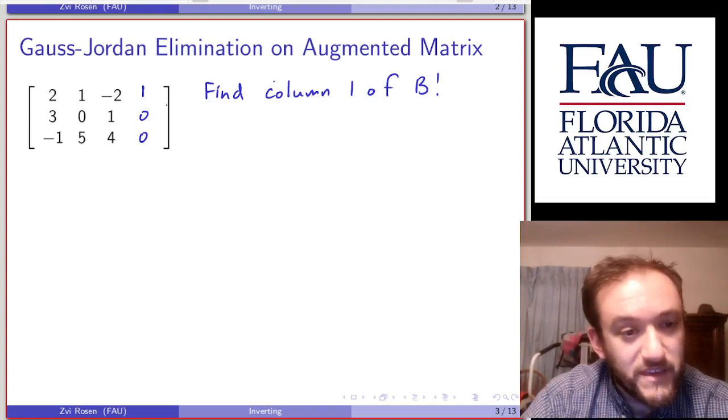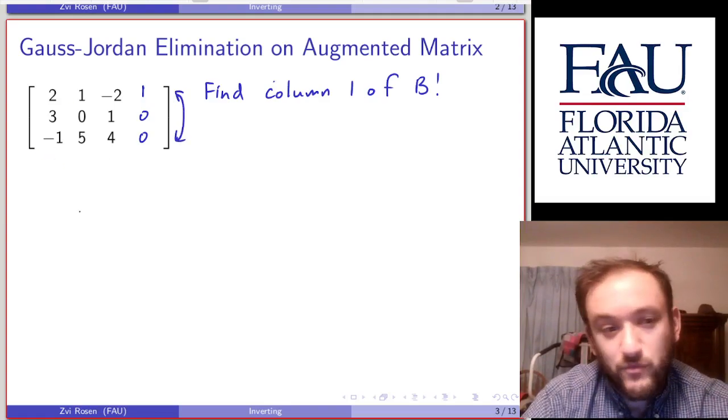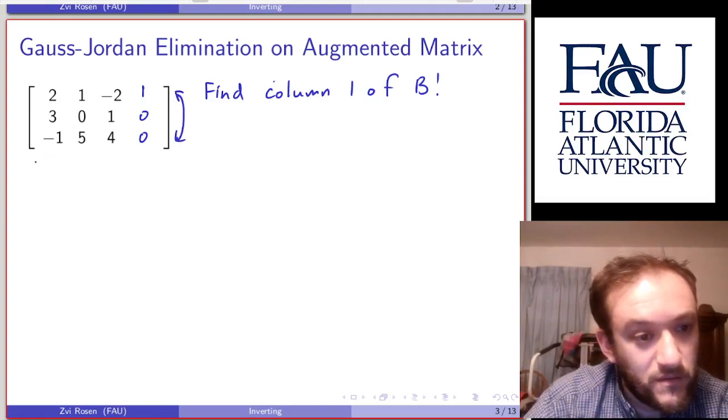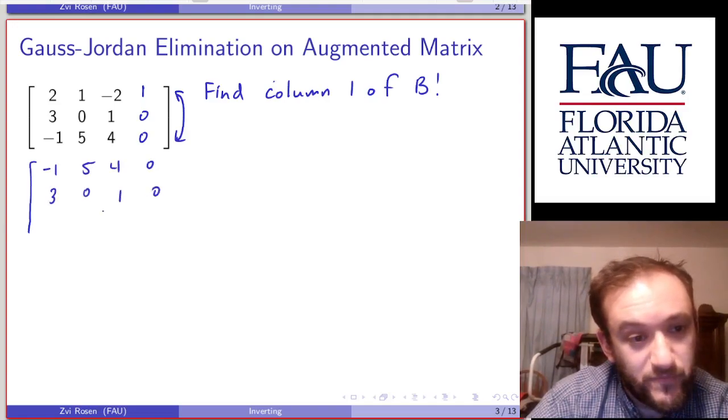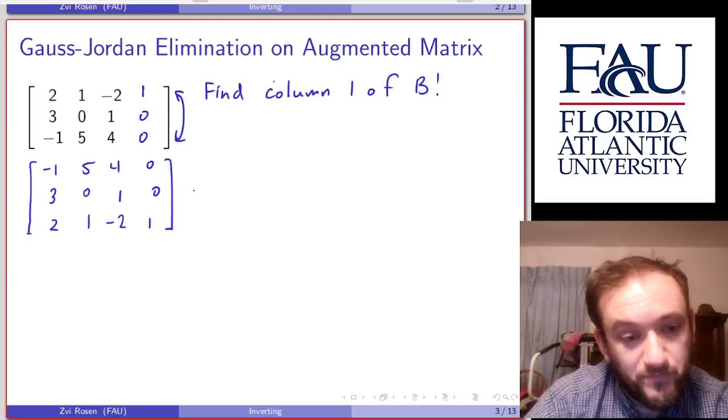So we'll start by switching row 1 and row 3 because it's easier to go from -1 to 1. So what we get there is -1, 5, 4, 0. Second row stays the same. This row goes down here. Okay.